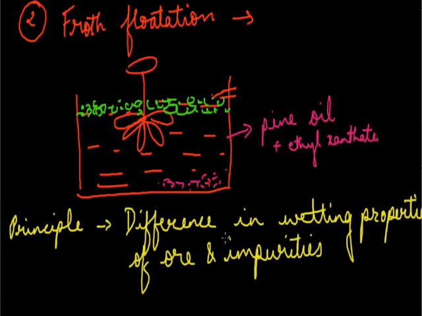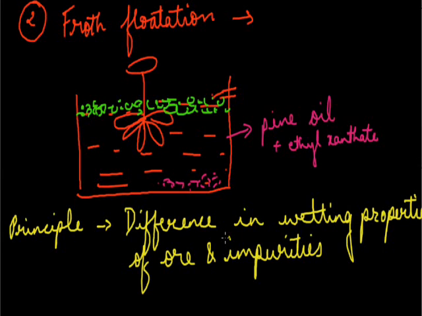Here we can see the impurity is not wetted by the water, it is surrounded by the oil, and that's why it comes at the top in the form of froth. So this is based upon the difference in wetting properties of the ore and the impurities, because both are not wetted equally. One is wetted by water and the other is wetted by oil. In this way we can separate the ores.